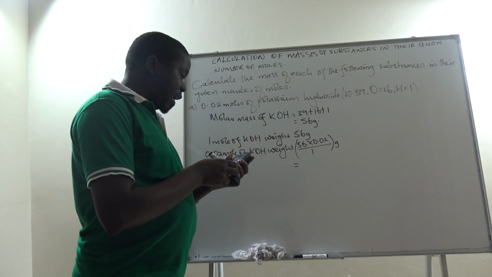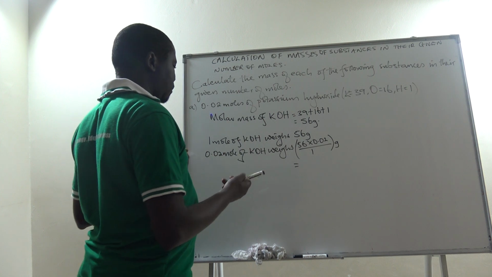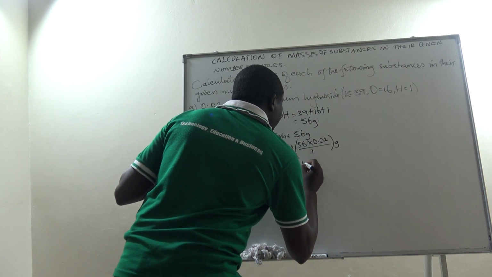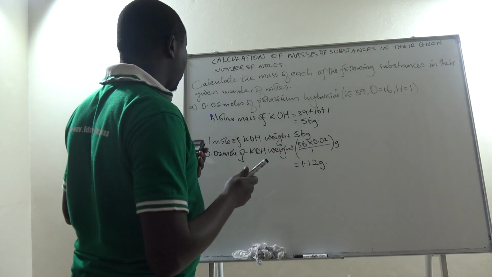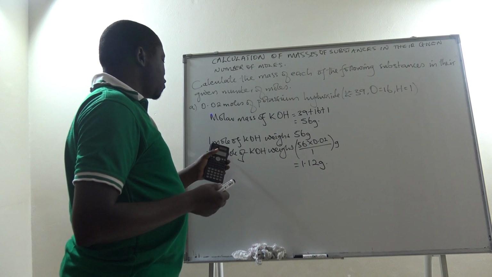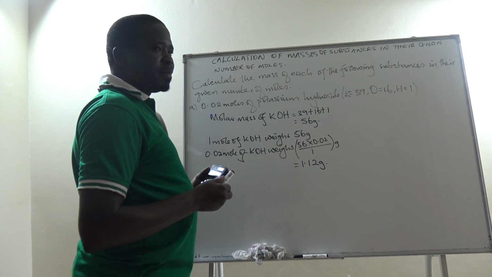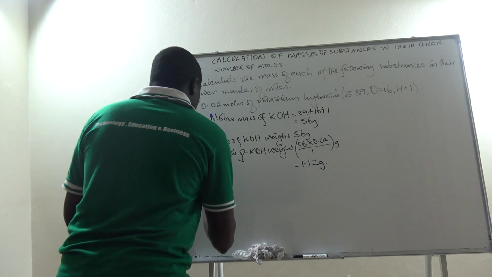So it is 56 times 0.02 divided by 1, and in this case I have 1.12 grams, and this is the mass of potassium hydroxide in 0.02 mole of potassium hydroxide. Good. Let us look at another one.